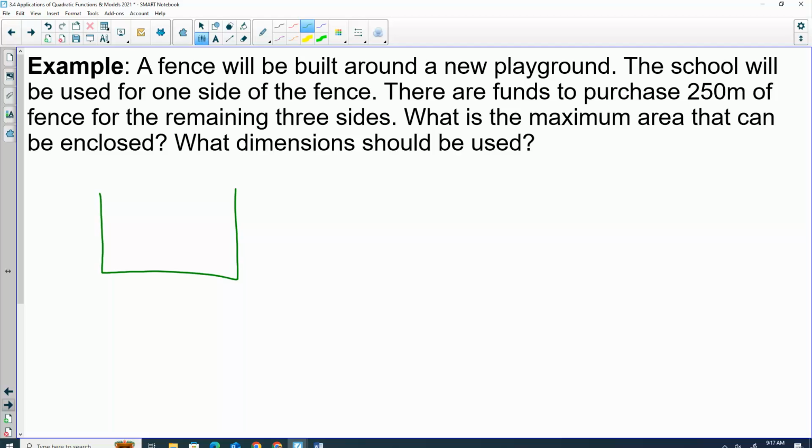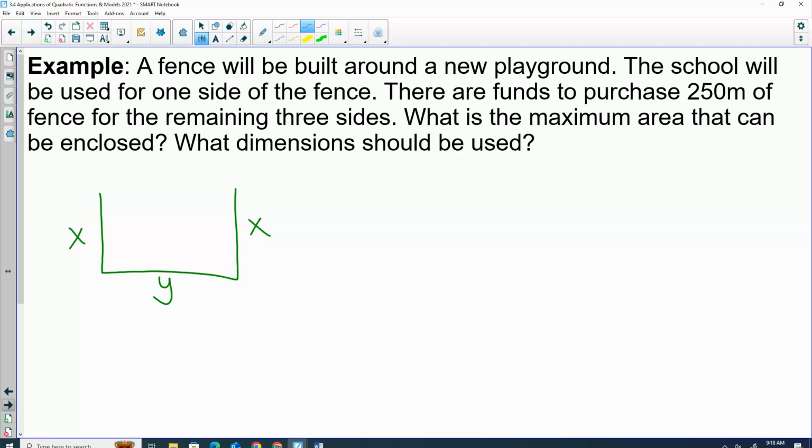So I know that I am purchasing 250 meters of fence. What does the 250 represent? The perimeter. Okay, so for a moment, let's just call these X and Y. Opposite sides are equal. If you had all 4 sides, the top one would be labeled Y as well.